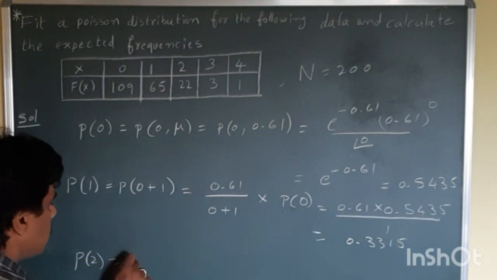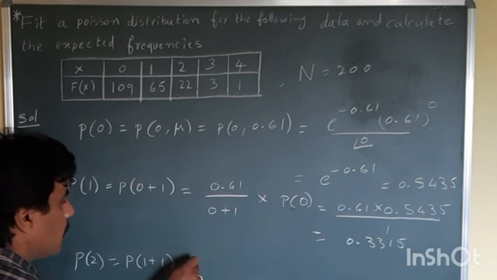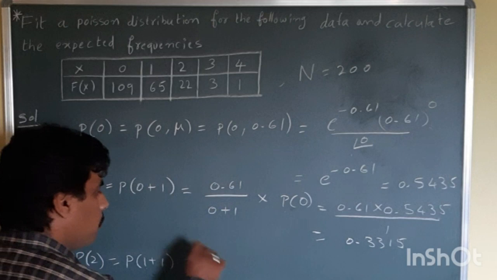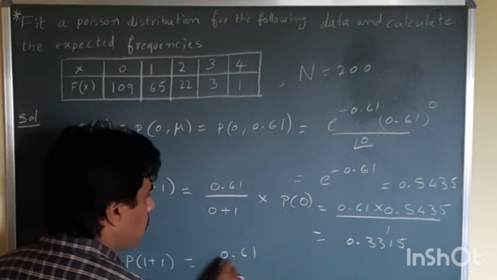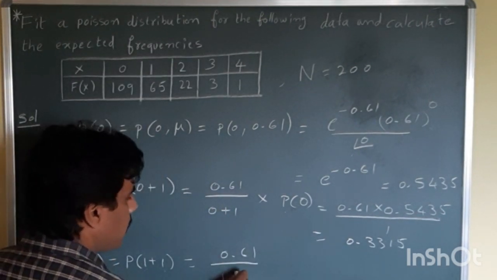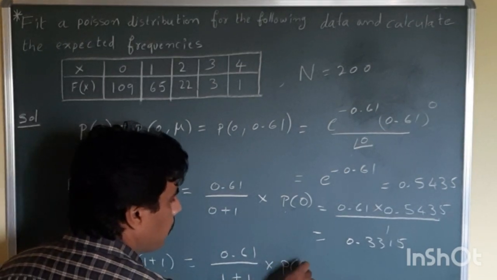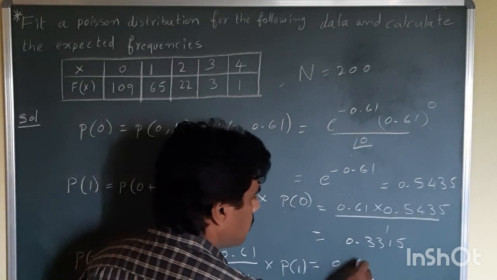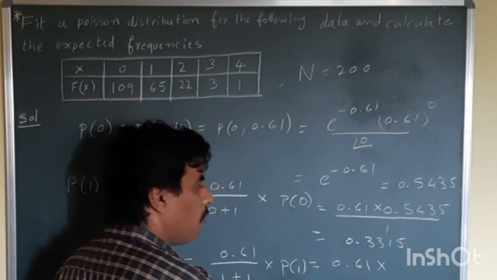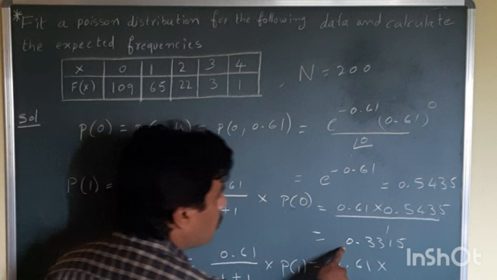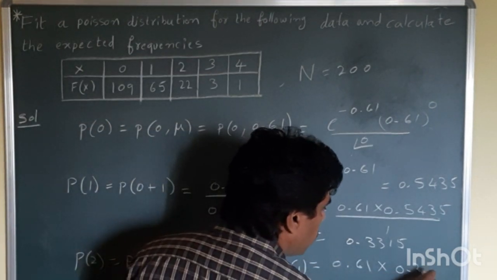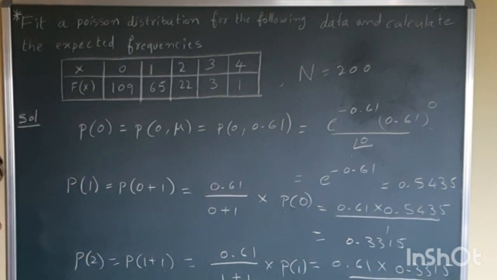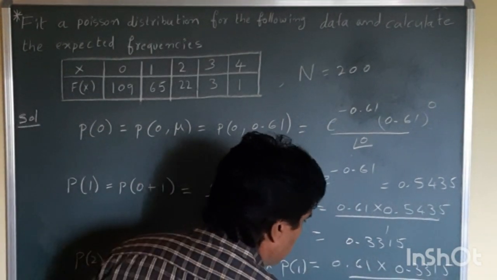Now let us find P of 2. P of 2 is P of 1 plus 1. Here x value is 1. Therefore mu by x plus 1, that is 0.61 by 1 plus 1, into P of 1. Now 0.61 into P of 1, its value 0.3315, whole by 1 plus 1, that is 2.